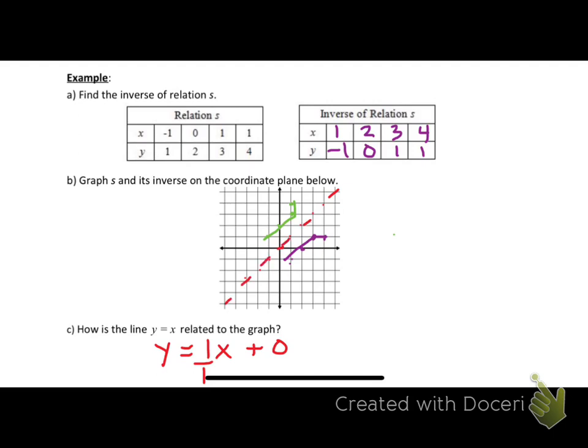So this is your y equals x line. Notice when you're looking at the inverse functions graphically, they are equal spacing around this line. It's like a mirror image on either side. If you were to fold your graph in half along that diagonal dotted line, it looks the same on either side. And that's the relationship with inverses.